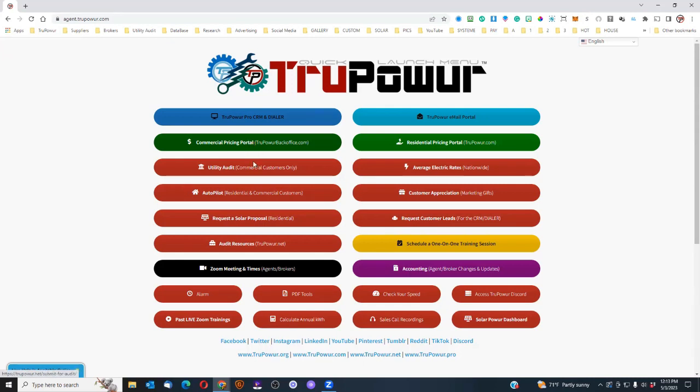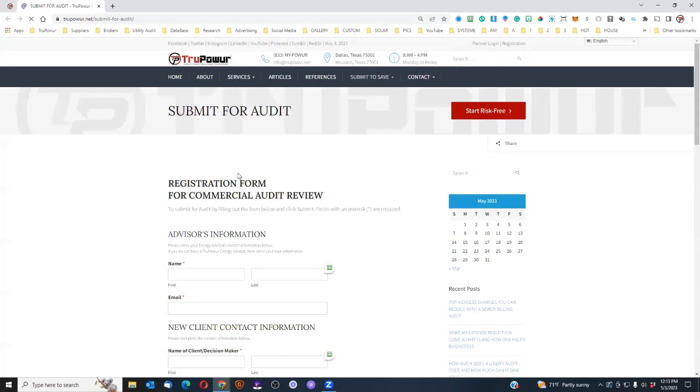So the next tab is the utility audit, which is typically what we're focusing on during the day. During business hours, we use the utility audit as our door opener. This is where you would submit those customers who have sent you a copy of their utility bill.